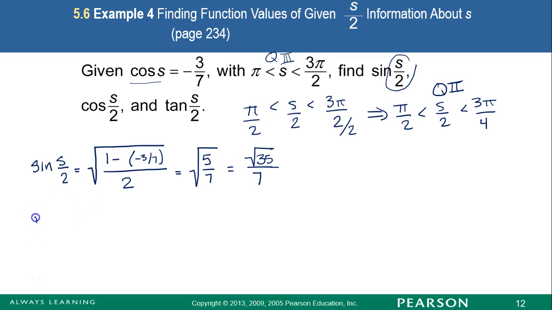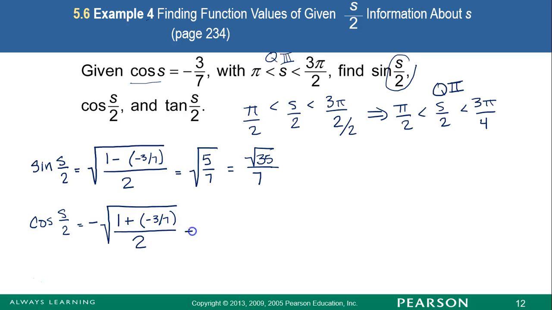And now let's find cosine of s over 2 using our half angle identity for cosine. In quadrant 2, cosine is negative, so we need to say negative square root of 1 plus cosine of s. So 1 plus our cosine of s value, negative 3 over 7, divided by 2.